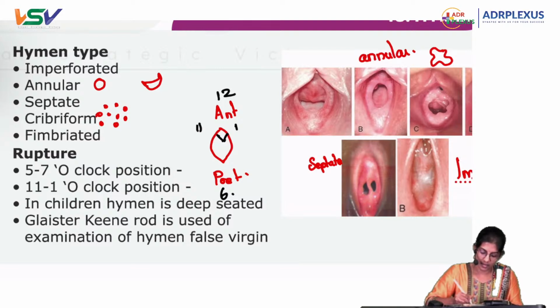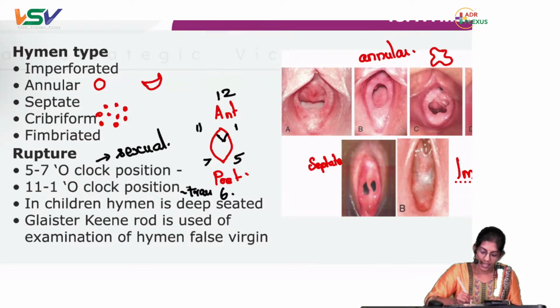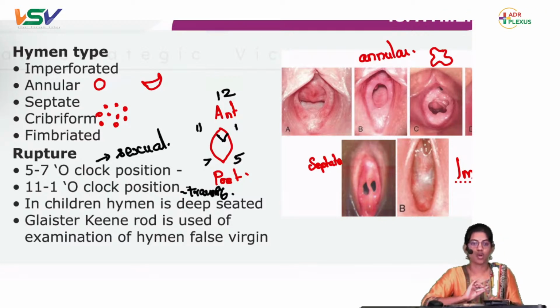And here is 5 o'clock to 7 o'clock. Posterior clock position generally indicates sexual offense. 11 to 1 indicates generally trauma. Again, it need not be a rule, it's just a general indication.